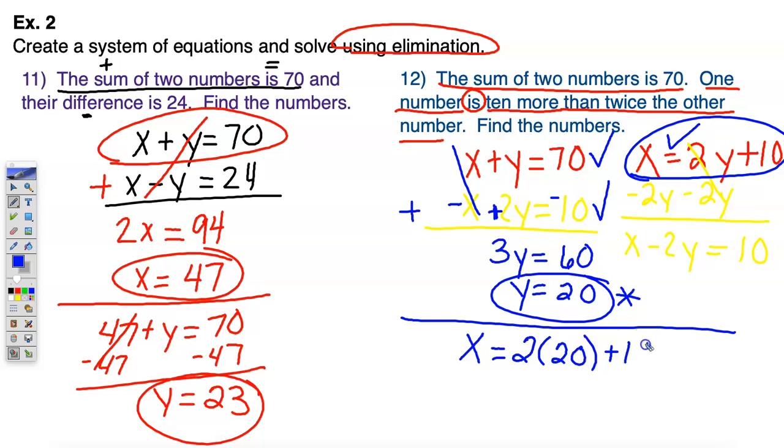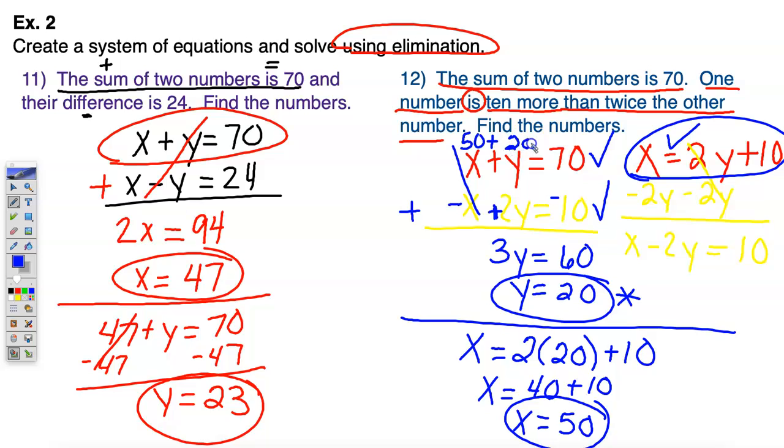And then I'm going to add 10. So we have x equals 40 plus 10, or x equals 50. So my two numbers are 20 and 50, and I can test it out up here by putting in 50 for x and 20 for y, and I do get 70.